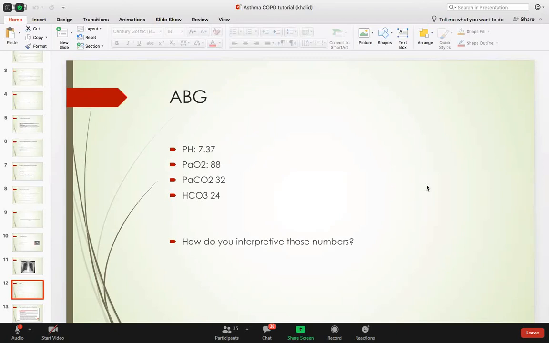The blood is acidic. It's leaning toward the acidity, yes.